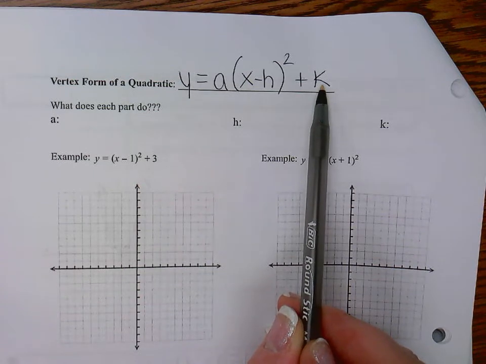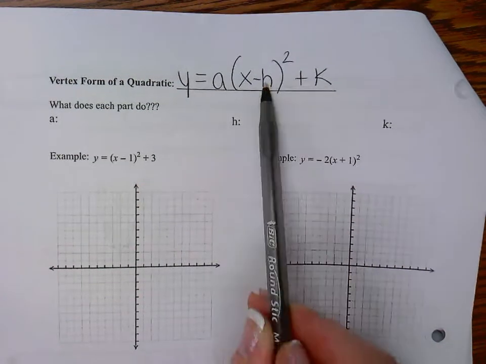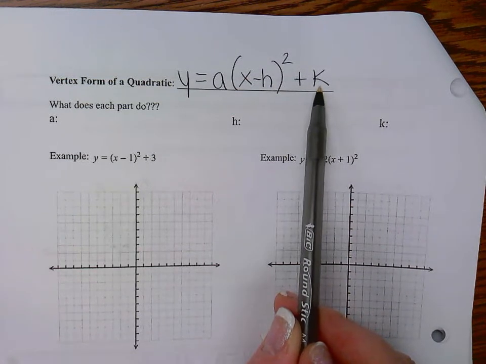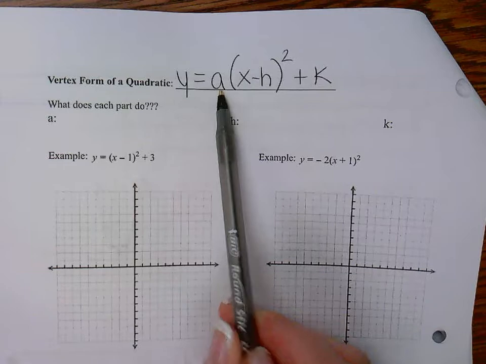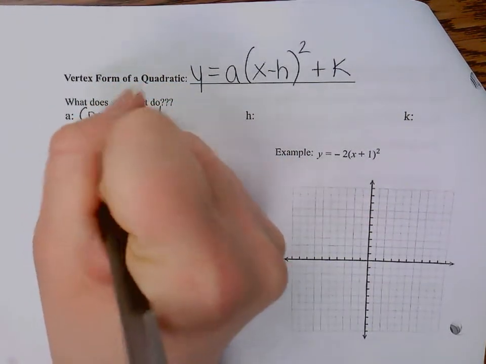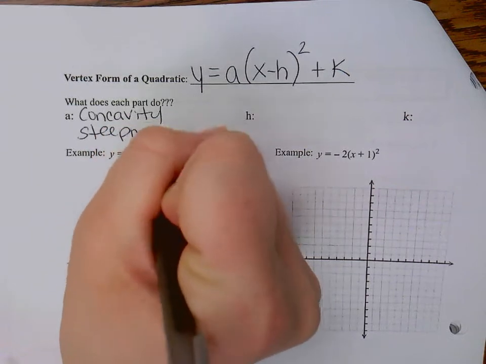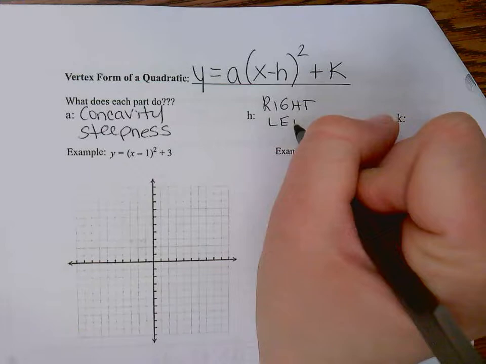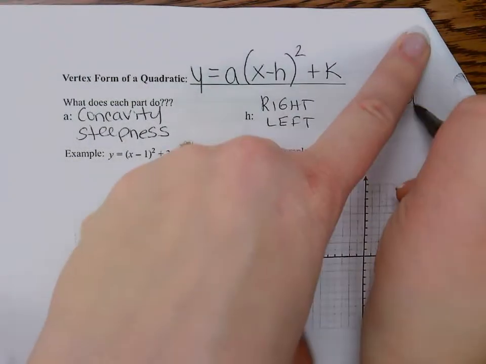They have a different job. So k is not c, so it's not the y-intercept anymore. a is still your concavity and your steepness, just like in standard form. h goes right or left, and k this time goes up or down.